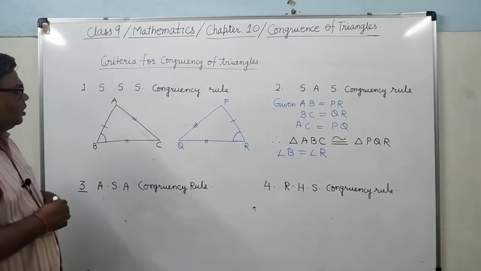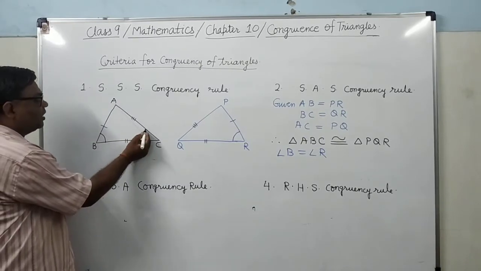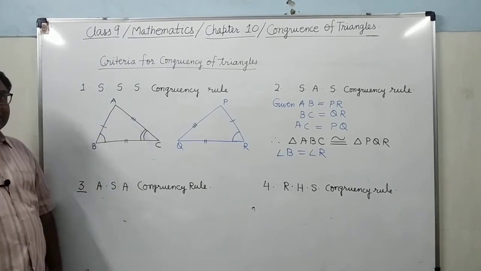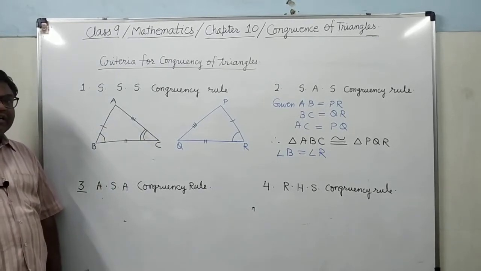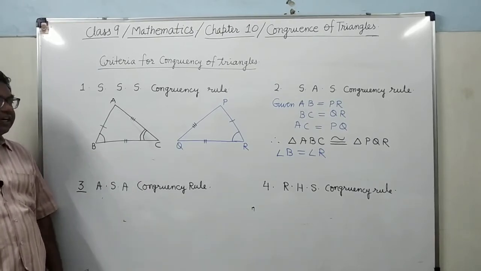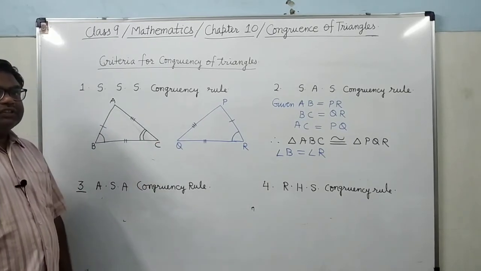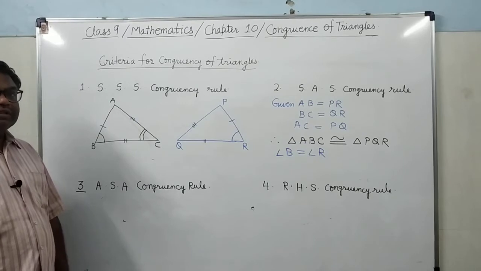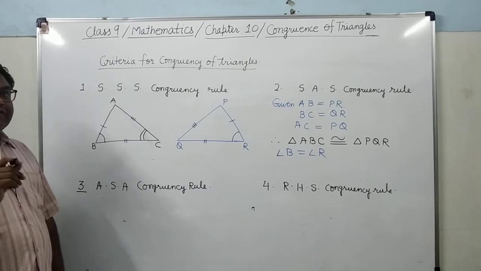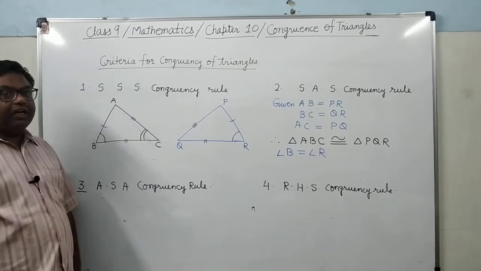Now once again, this angle is included by which two sides? It is by second and third. In this triangle, second is this, third is this. Which angle are they including? It is the angle at the point of their intersection.